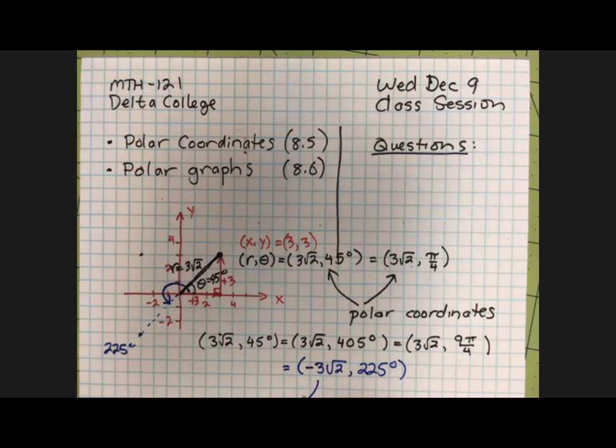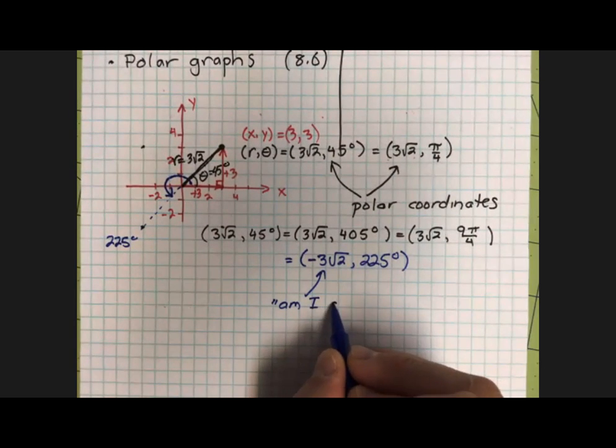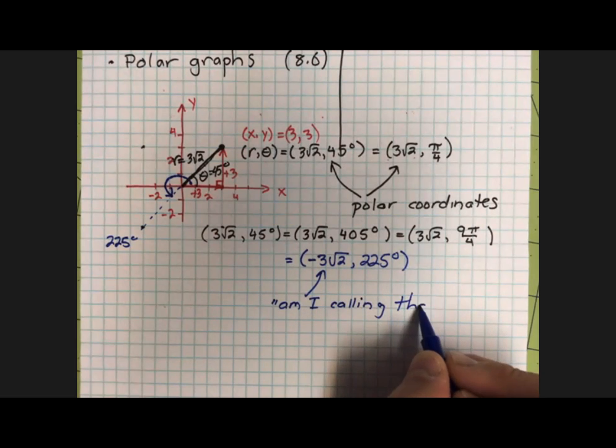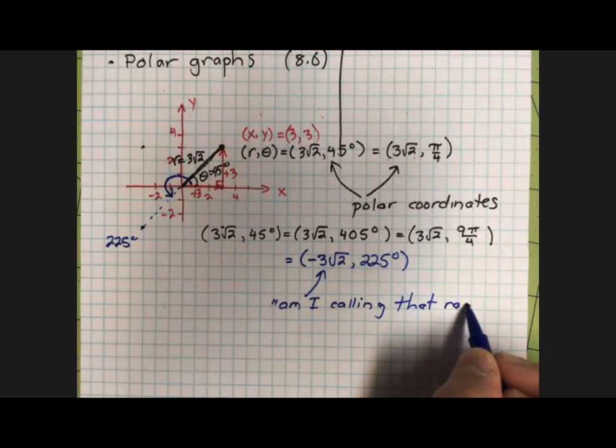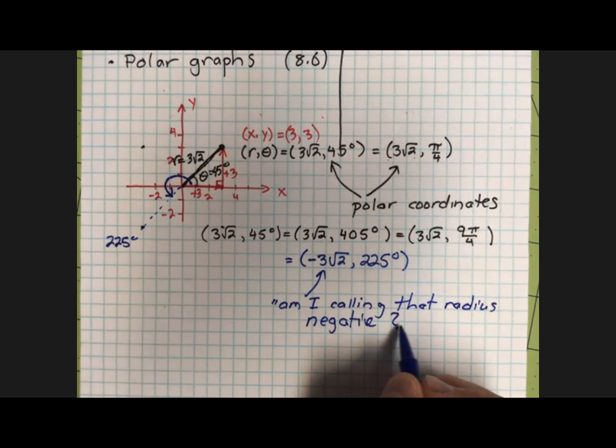And sometimes you hesitate to write this, but there's a reason we need to write this, because in the back of your mind, you're getting a little nervous. Am I calling that radius negative? I thought he told me that radius is never negative. Well, that's true.